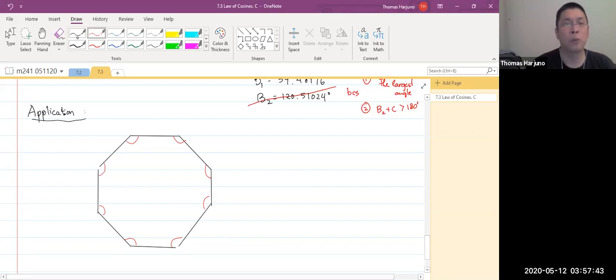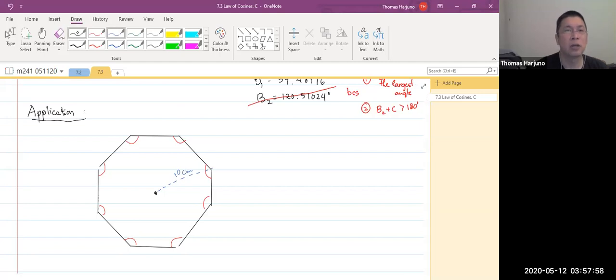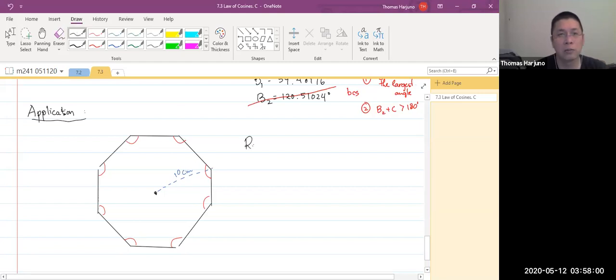Now suppose I have a regular octagon with radius 10 centimeters.